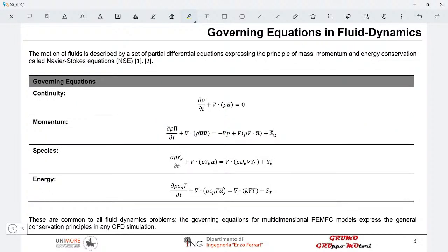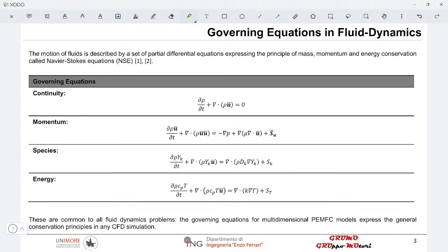Now, our obvious starting point are the general conservation equations, or transport equations, typical of any CFD problem. I assume that most of you have at least a basic knowledge of these conservation equations.